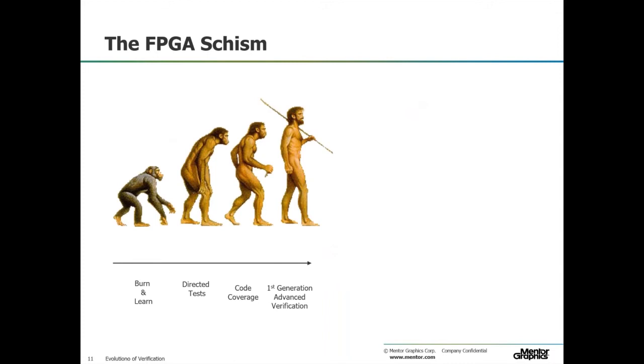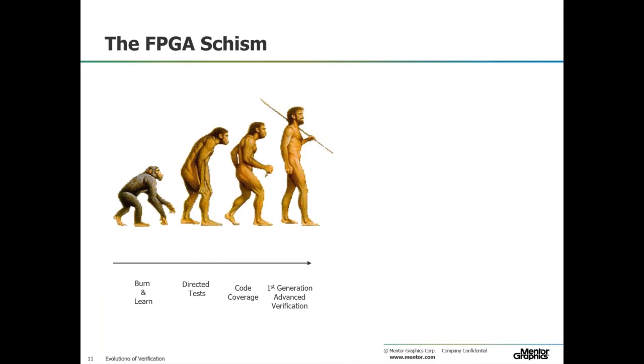The strange thing that happened at the same time, though, was that while the ASIC world was still evolving, FPGAs really became commercially viable as parts that you would put into production. The first generation of FPGAs complex enough to use in production came along.